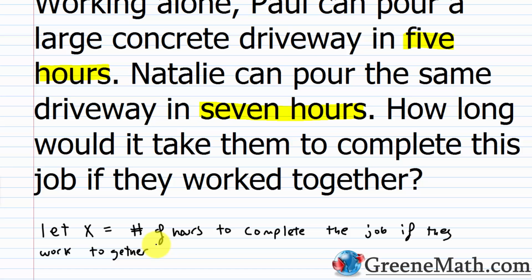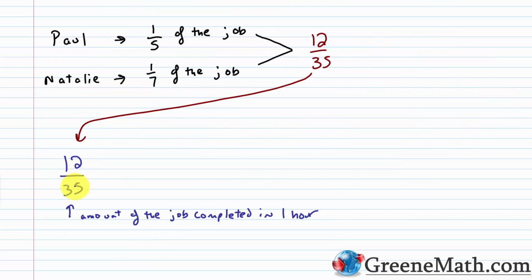So going back down now, we have 12/35, or 12/35 is the amount of the job completed in 1 hour. If I multiply this by x, which is the number of hours to complete the job, I'm going to get 1. Okay, and the reason we use 1 is it's one completed job.